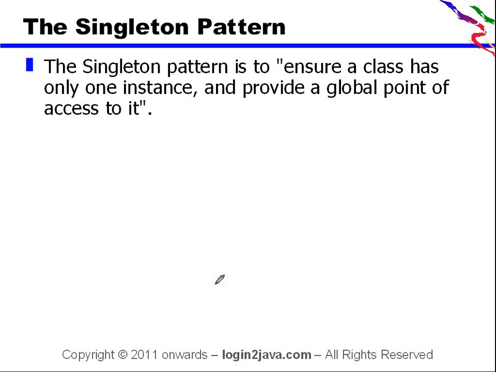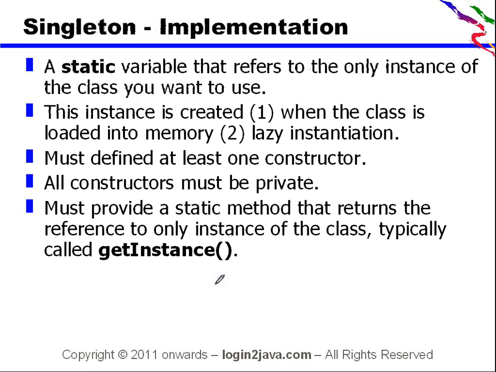So how can it be implemented? Just think of it, you can come close to the solution. A static variable that refers to the only instance of the class you want to use. This instance is created when the class is loaded into memory, or it can also be lazily initialized.